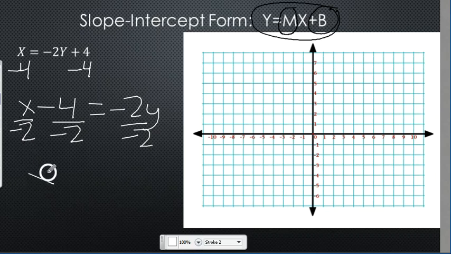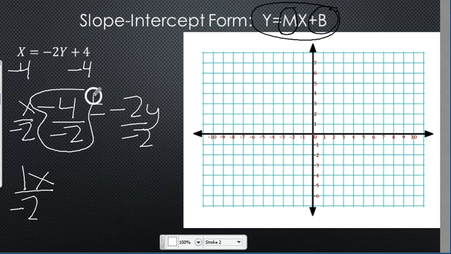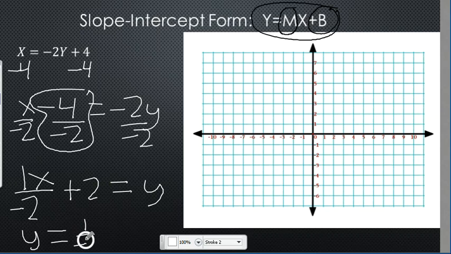So x, remember this is a 1x, divided by negative 2. And then a negative 4 divided by a negative 2 is a positive 2 equals y. And then in order for this to be in slope-intercept form, I'm just going to switch this around. Okay, so now our equation's in slope-intercept form.